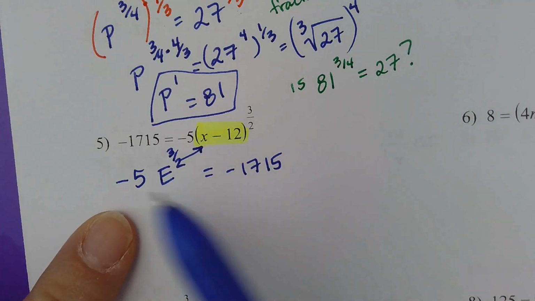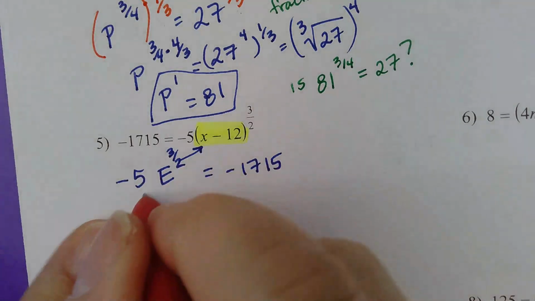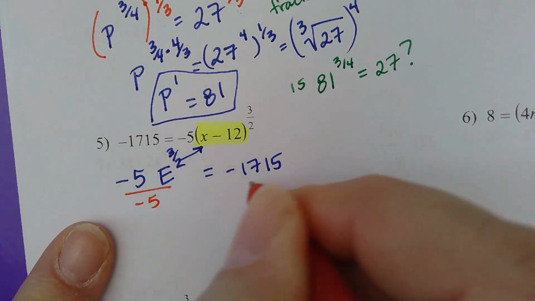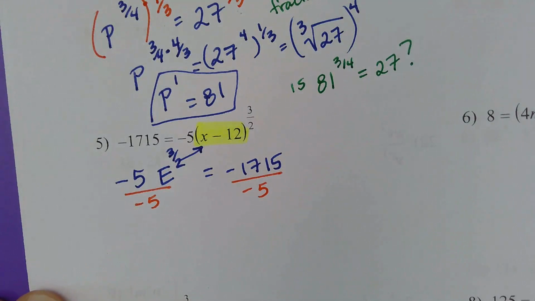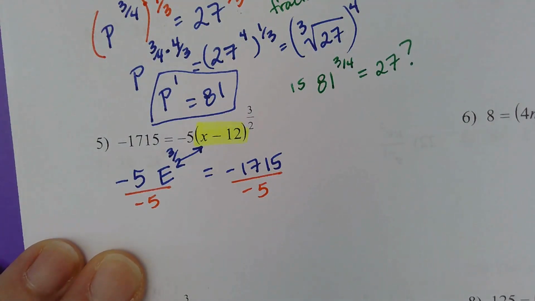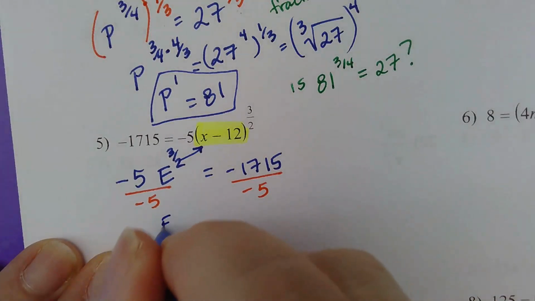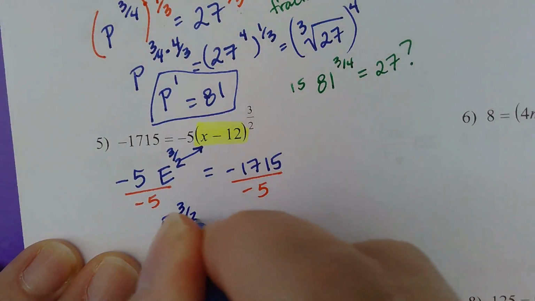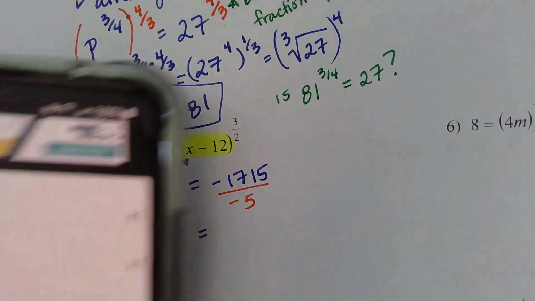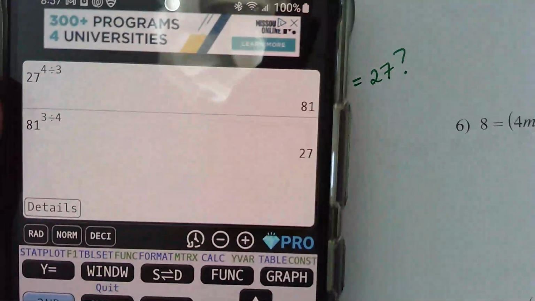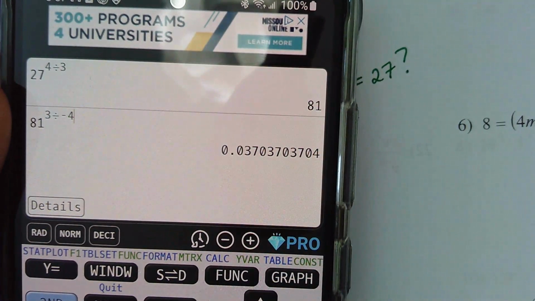So what I need to do first is divide by negative 5. So when I divide by negative 5, I get my expression, still to the 3 over 2 power, is equal to negative 1715 over negative 5, whatever that is.